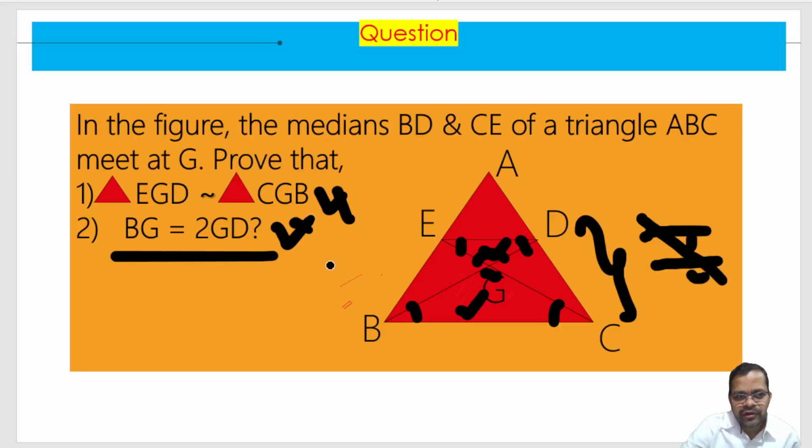So it's always prescribed that for geometry the concept should be clear and the student should visualize the theorems through the diagram properly. Then we can solve any kind of tricky question related to triangle or circle or any other, or in coordinate geometry.